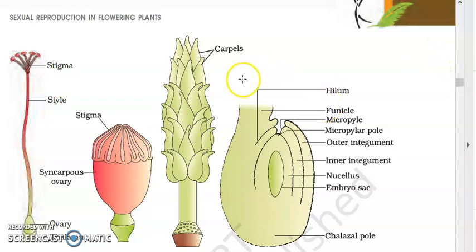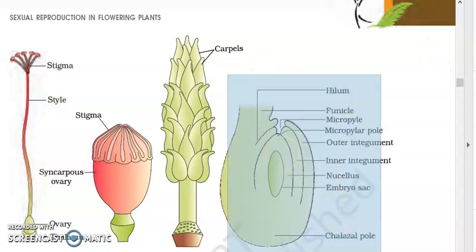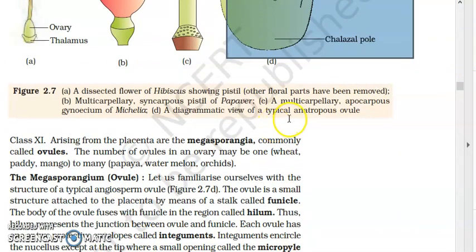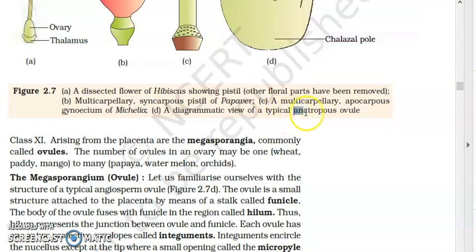So this is very essential. You should know each and every part of the ovule in the angiosperm, the megasporangium, and be clear with it, because it can be asked as a 3-mark question, or for its different supportive parts. And another thing, it is mentioned over here that this is a typical anatropous ovule.